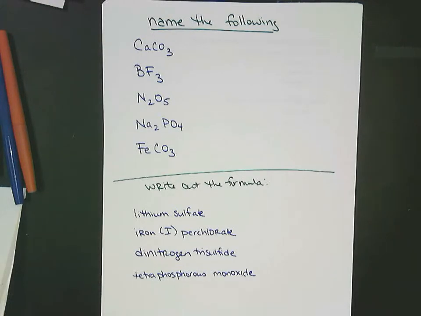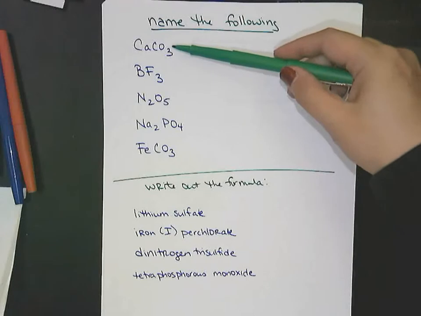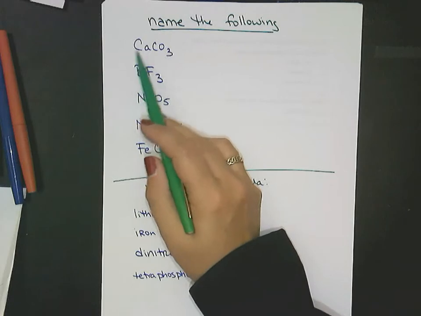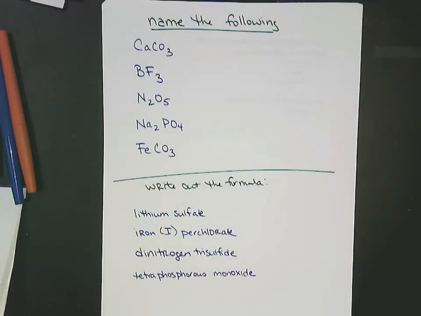All right, so looking at these, first thing, looking at this, is this ionic or molecular? It is ionic, yes, right? So calcium is a metal, so automatically the answer is going to be ionic, because anything that involves a metal is ionic. So how do I name things that are ionic?